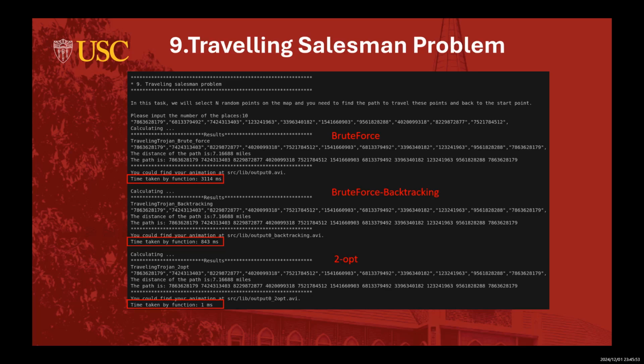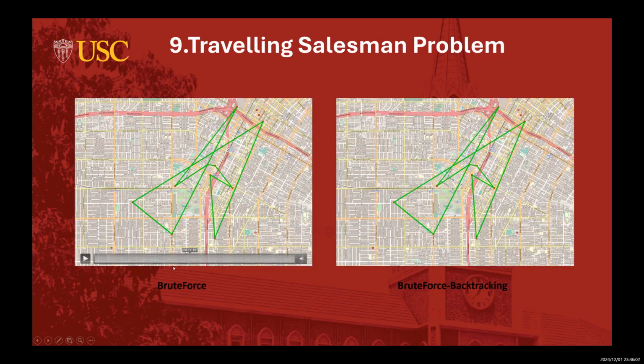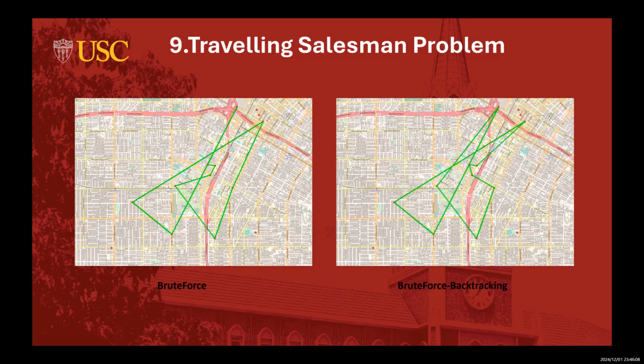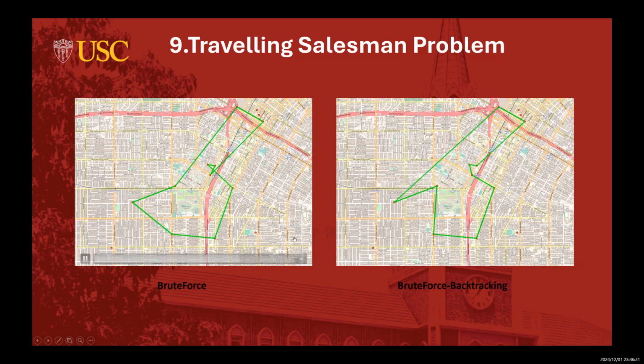To compare these 3 algorithms, we also have animations to show the difference between them. Here are the animations for brute force and brute force with backtracking. By comparison, we can see that brute force with backtracking has fewer changes than brute force.